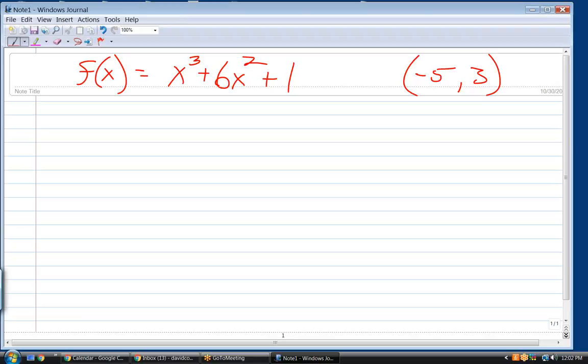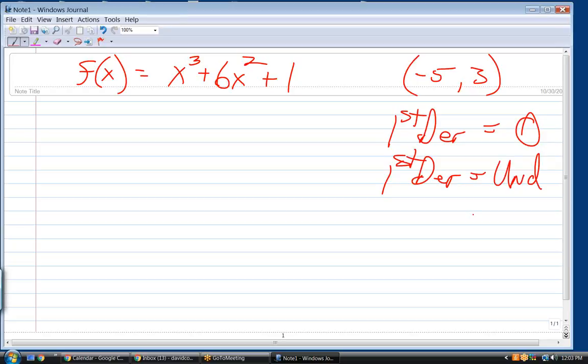The absolute maximum and minimum are going to come at one of three places: where the first derivative is equal to 0, or maybe the first derivative is undefined, or the endpoints. So those are the things we have to check. The endpoints are pretty critical.